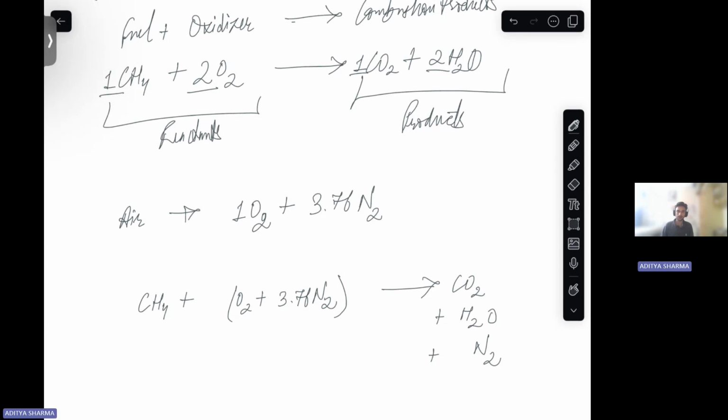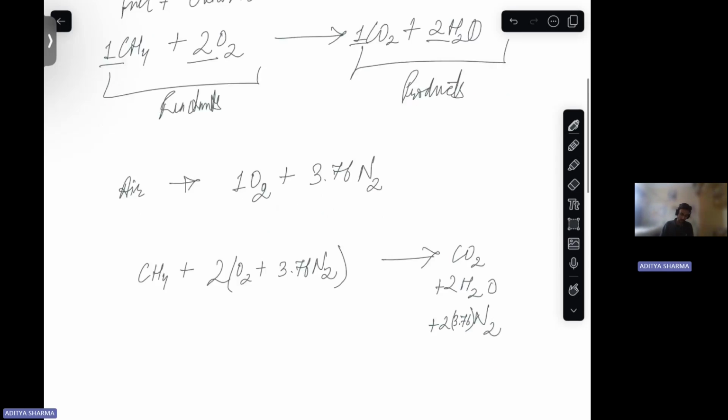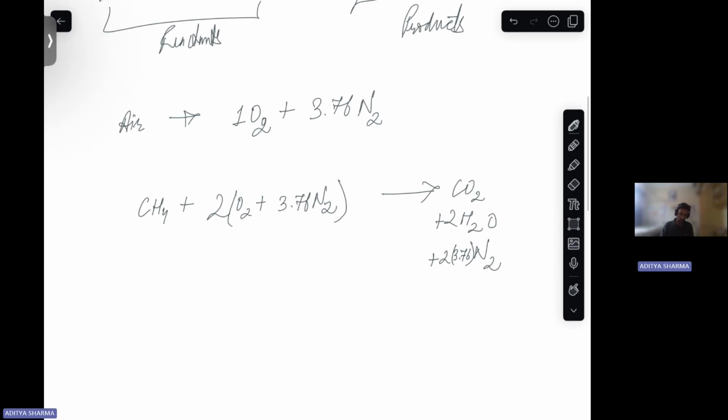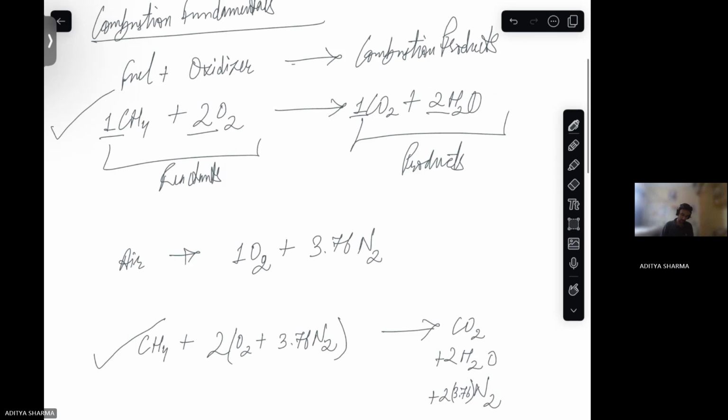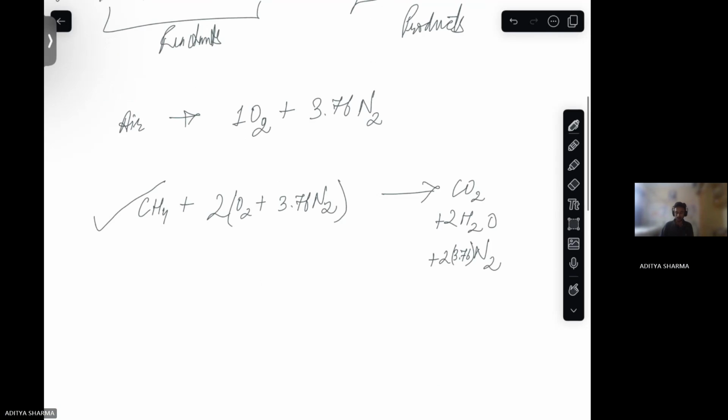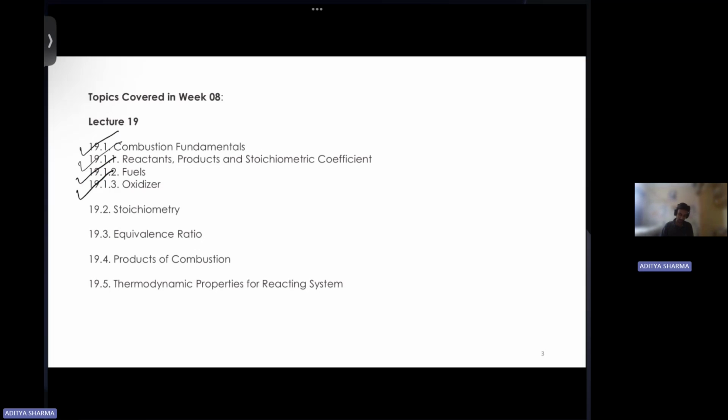We can balance it. Here it will be 2, here it will be 2 into 3.76. This is how we write the balanced chemical equation when we introduce air into the picture.